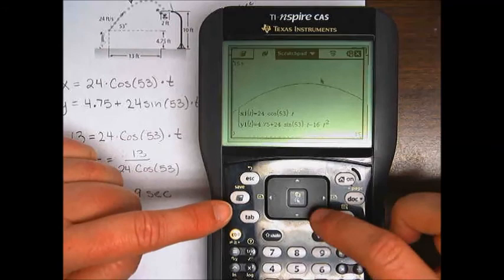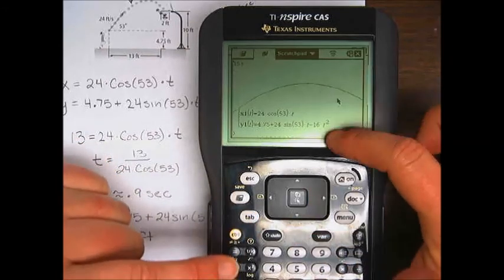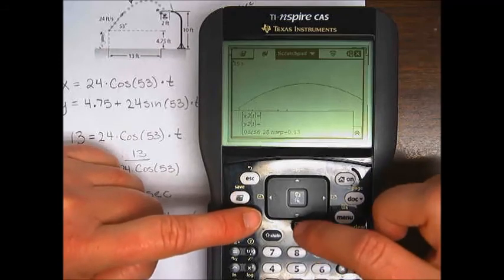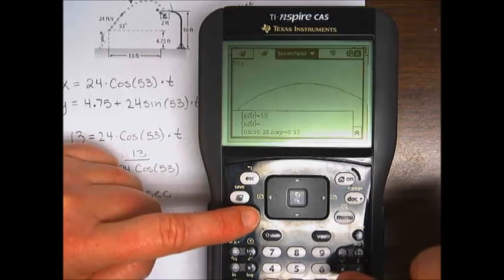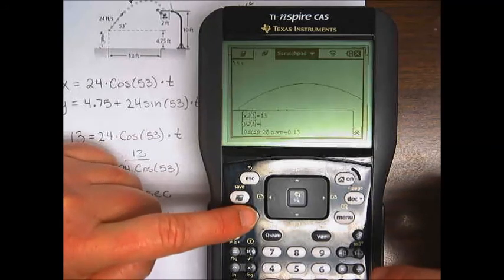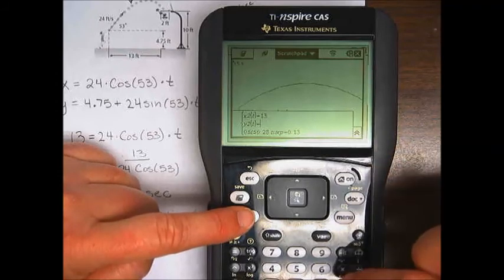One of the nice things I can do is add a second parametric equation to represent the hoop. So if I do that, I want the x-coordinate to stay at the 13 feet because that's where the hoop is, and I would like the y-coordinate to change.